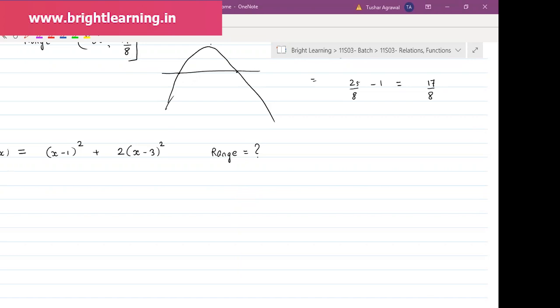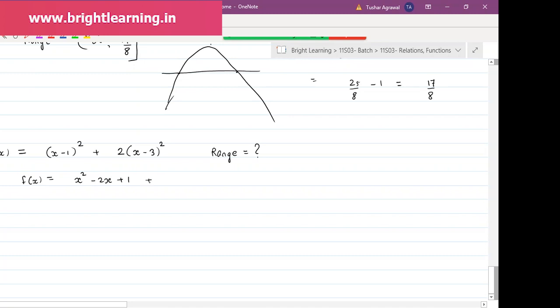See, I will just tell you how to start. You just have to convert it into a single quadratic. If you expand it, it will be x square minus 2x plus 1, and this is 2 times x square minus 6x plus 9.